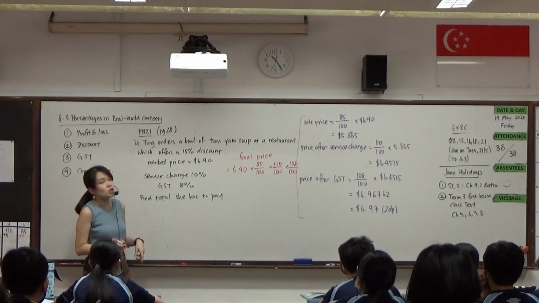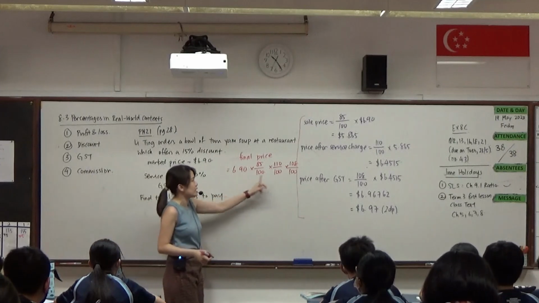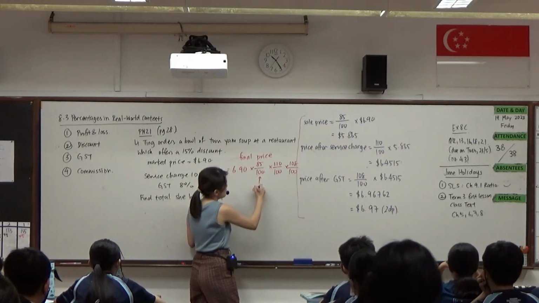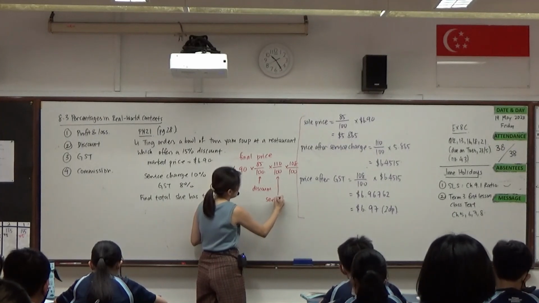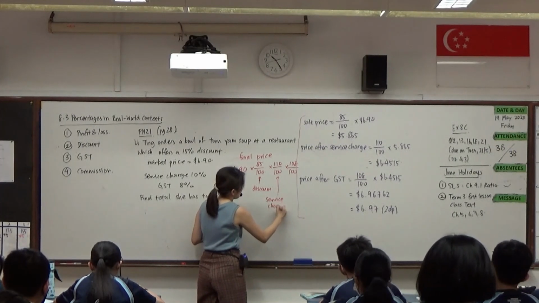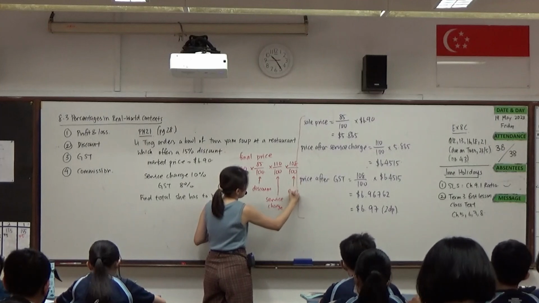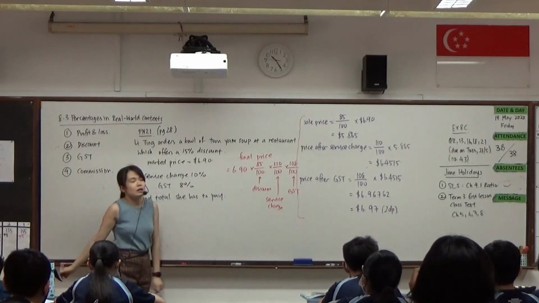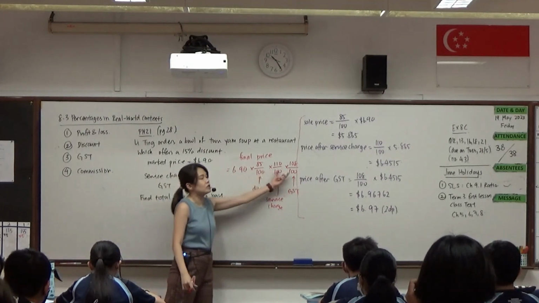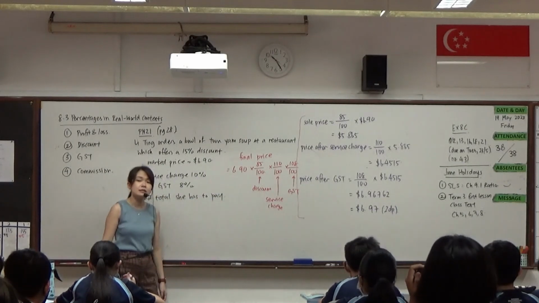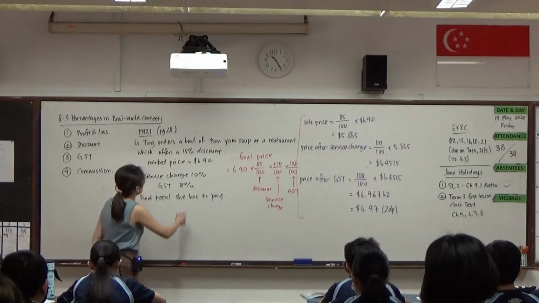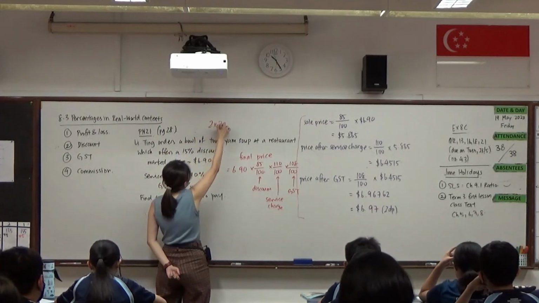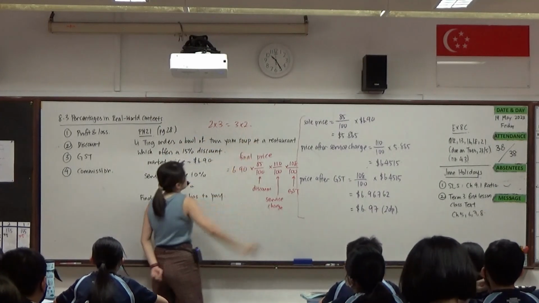So you may shorten your answer and write it this way, whereby we include the discount, service charge, as well as the GST. It doesn't matter how the order is. Why? Because this is multiplication after all. We know that 2 times 3 is the same as 3 times 2.